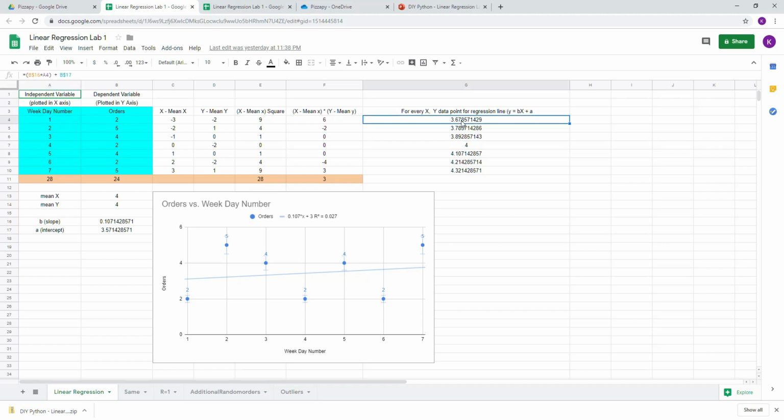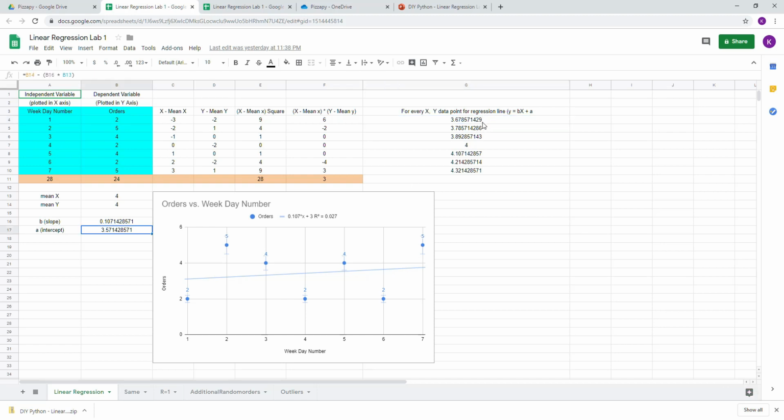So here the equation is very straightforward. B16, in this case, is nothing but the slope, multiplied by A4, which is x, plus B17, which is the intercept.